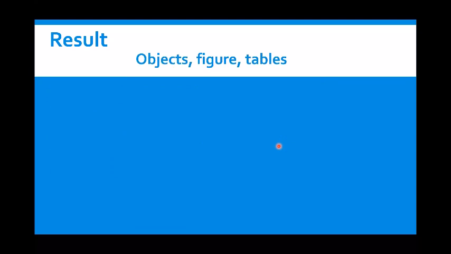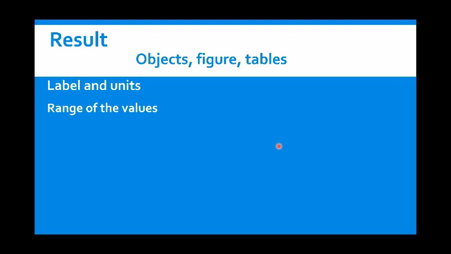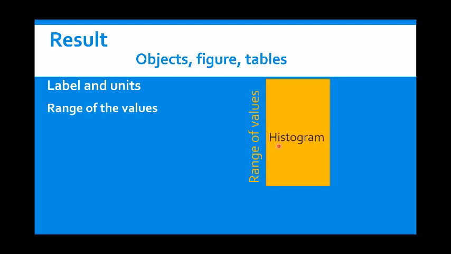The result also will give the data, and data can be objects, figures, tables, or facts. When you look at a table, you must look at the labels and the unit. You look at the range of the values. So for example, if you have a histogram, you have the range of the values and the percentage of the values.